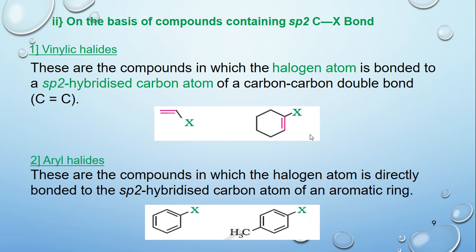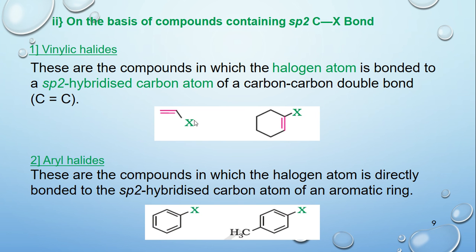Coming to the second one, that is on the basis of compounds containing sp2 hybridized carbon halogen bond. In that, the first one is vinylic halides. So these are the compounds in which the halogen atom is bonded to sp2 hybridized carbon atom of a carbon-carbon double bond.